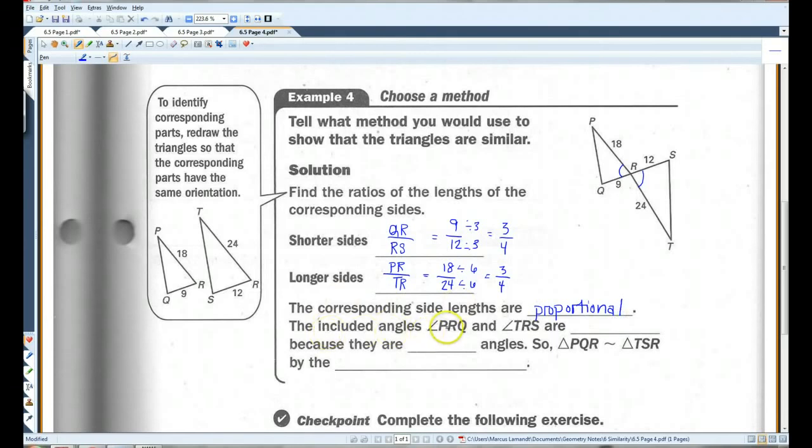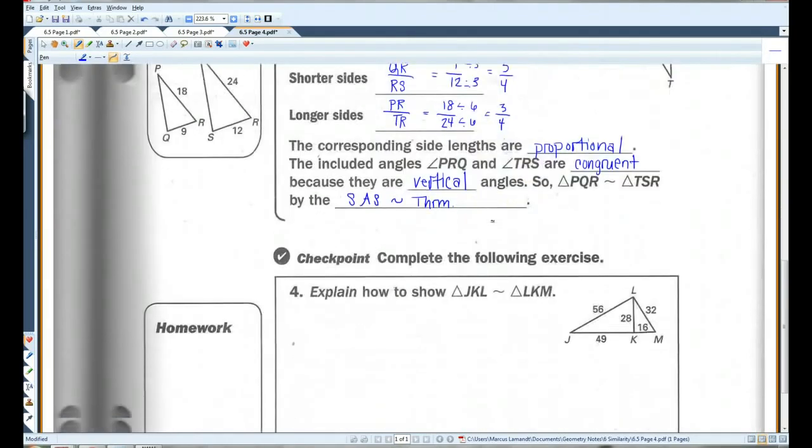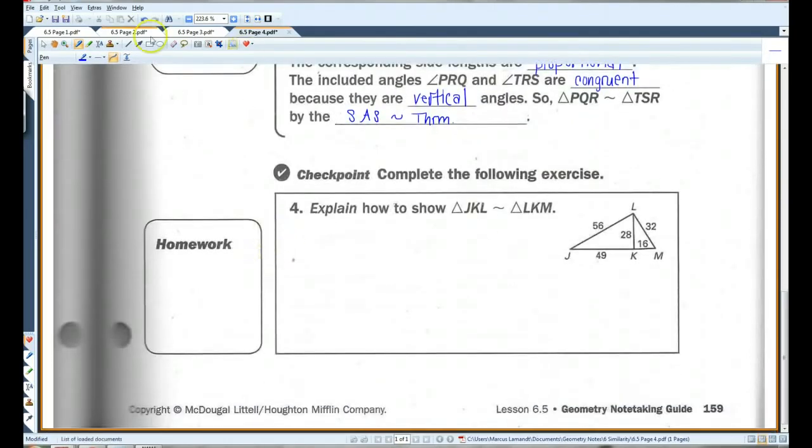The included angles, angle PRQ and angle TRS, are congruent because they are vertical angles. So the triangles are similar by the SAS Similarity theorem. Alright, you guys can do the last one, and that's all.